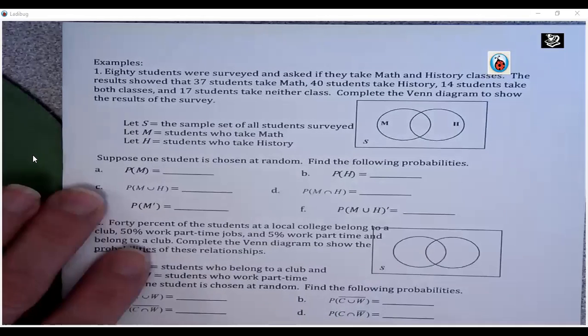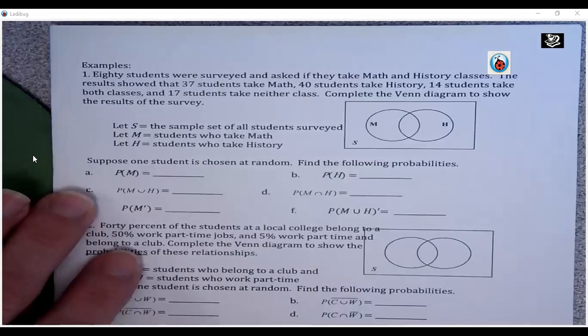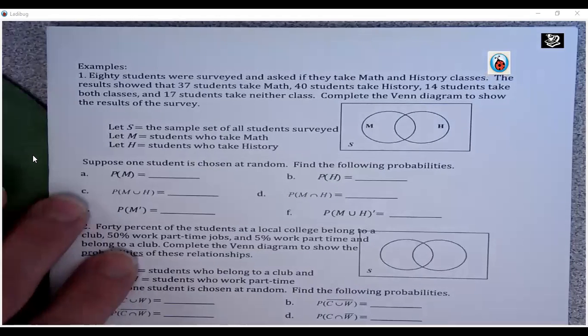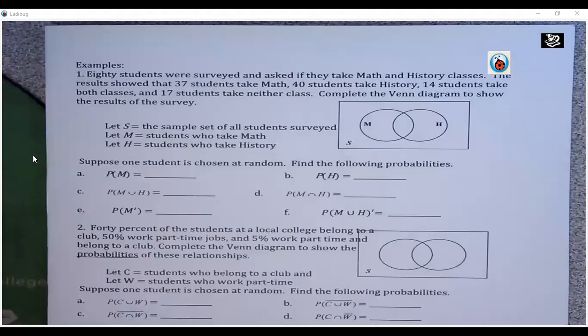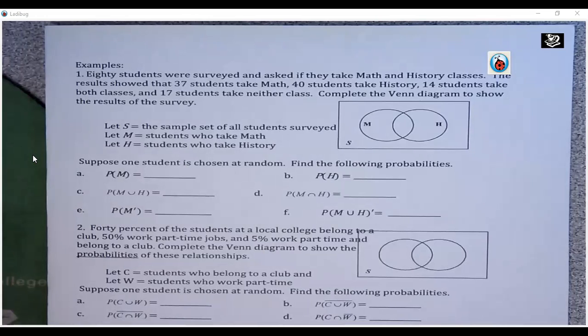80 students were surveyed and asked if they take math and history classes. The results showed that 37 students take math, 40 students take history, and 14 students take both classes, and 17 students take neither class. Complete the Venn diagram to show the results of the survey.